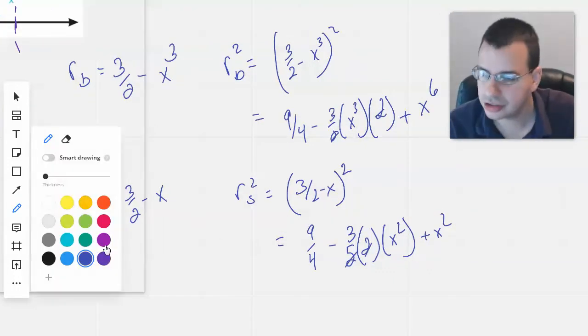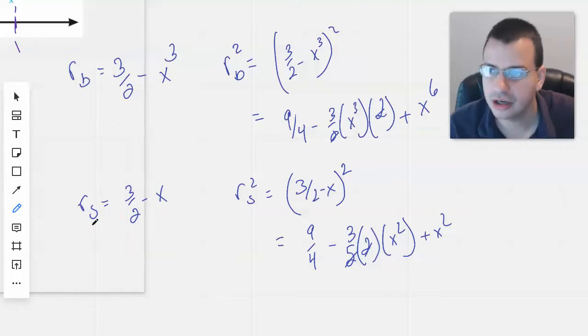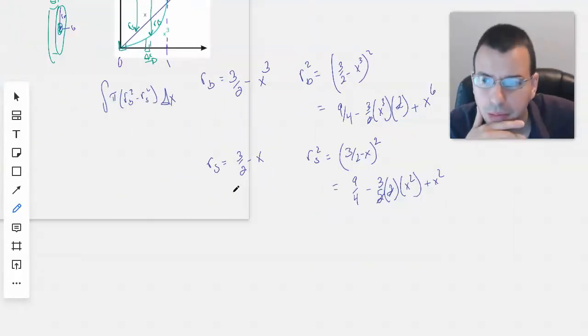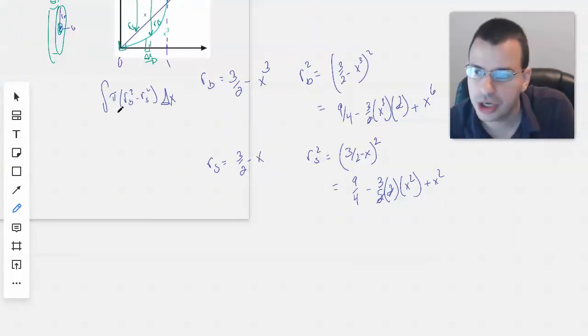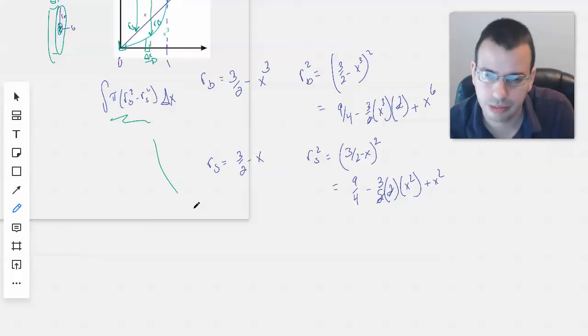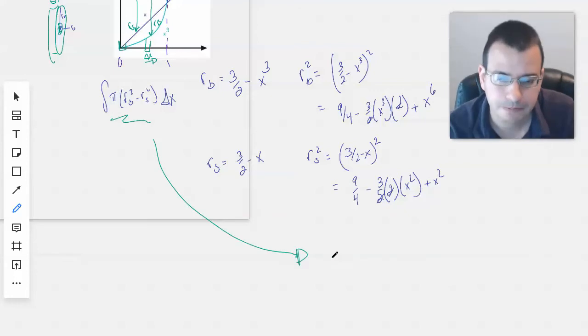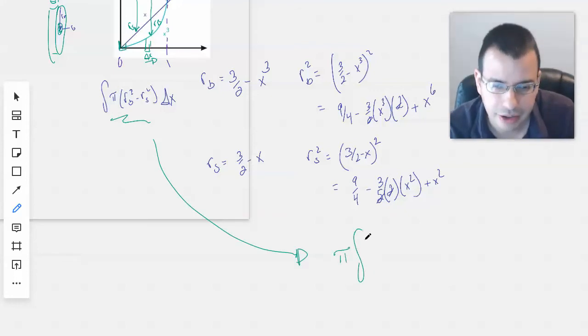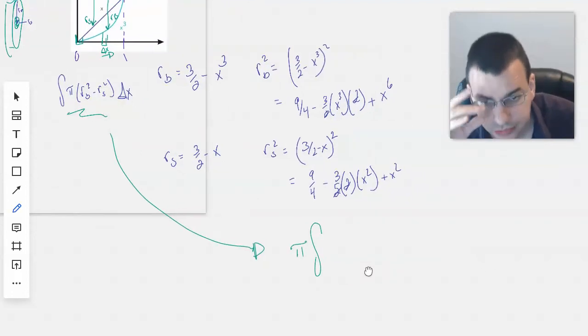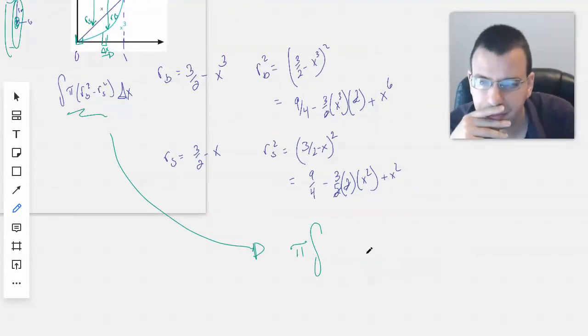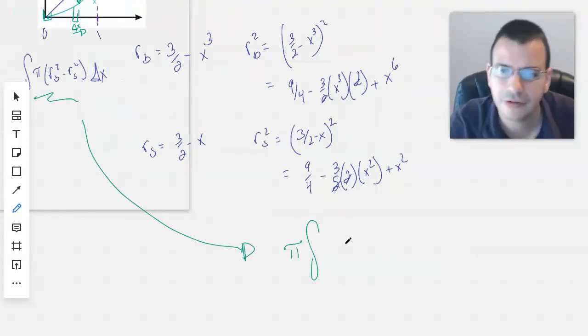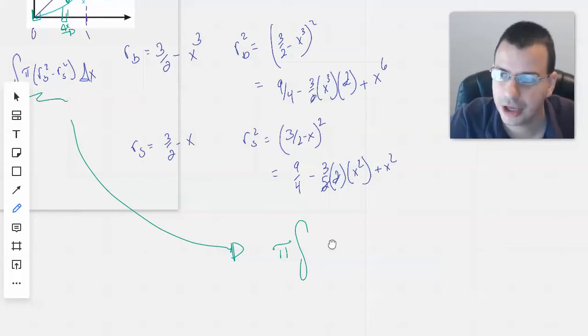Change colors. Green. Now what are we going to do? We're going to plug everything into our equation we had over here. So we're going to bring this down: pi integral. Feels like there's going to be some overlap here. It's okay.